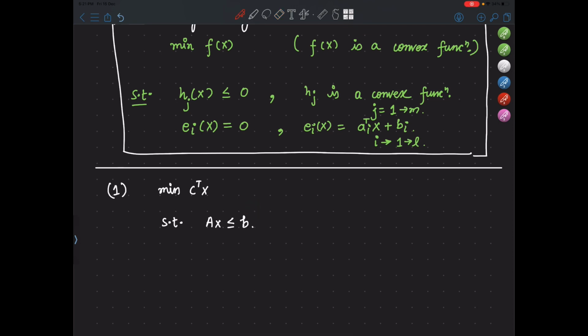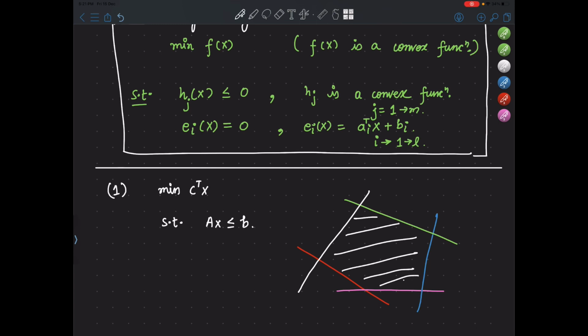Graphically it will be represented by something like this. So these are constraints basically: x such that Ax is less than or equal to b. This is a feasible region, and let c be represented by this line.